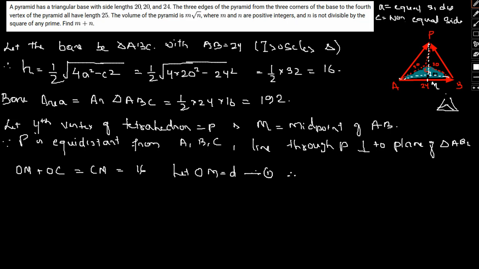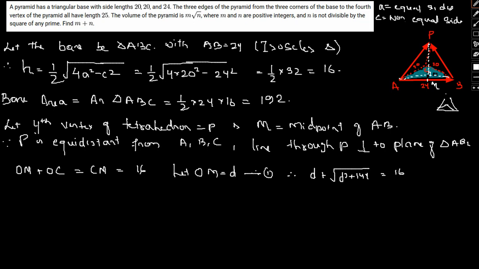Okay, so therefore we can further write D plus CM, CM being this entire line, so D square plus 144 equal to 16.